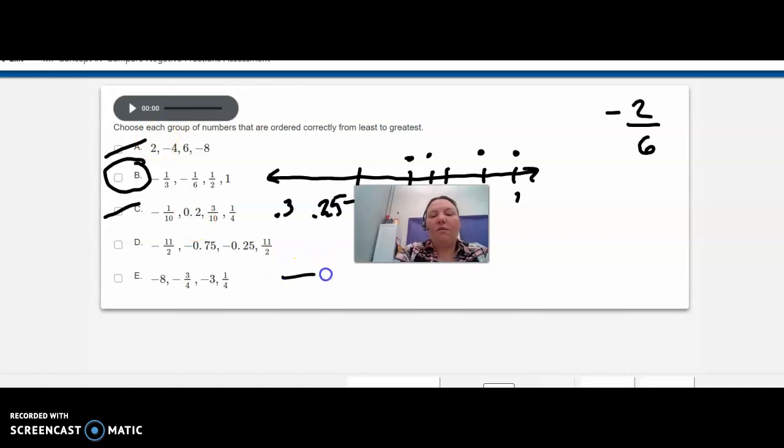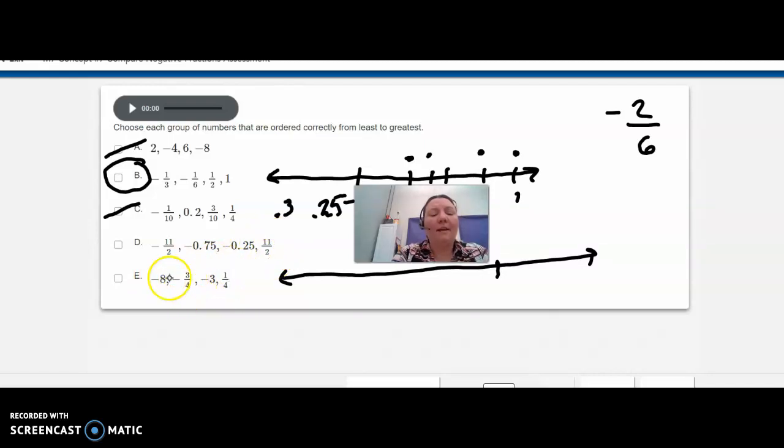Again, I would strongly encourage you to pause the video and try letters D and E before you move forward and get to your retake, pausing and looking at those orders and double checking them on a number line to make sure. We can see in letters D and E that they have the positives in the right place.